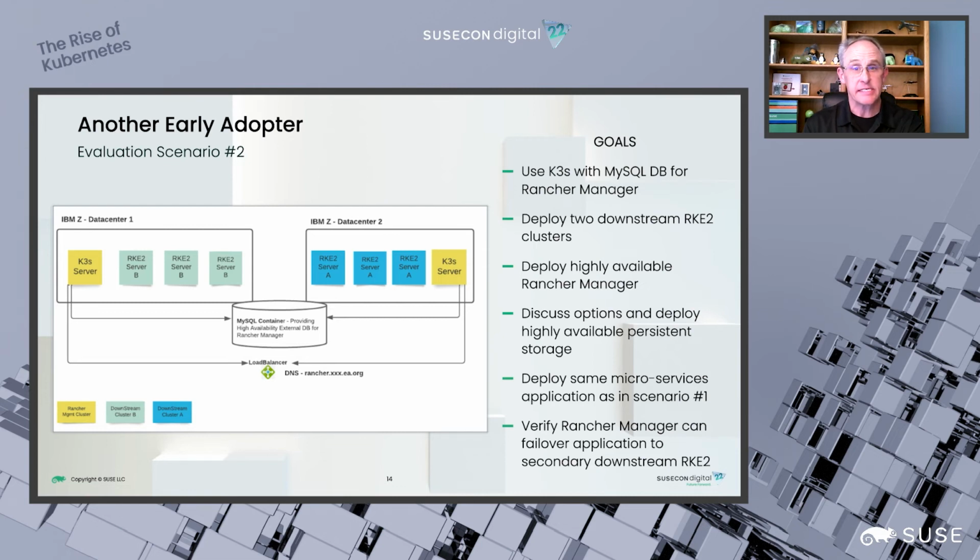In this case, instead of having one downstream RKE2 cluster where the app is deployed, this will have 2 RKE2 clusters, one in each data center, and both clusters will use highly available persistent storage. The same application that was deployed in scenario 1 will be deployed on one of the downstream clusters in this diagram.